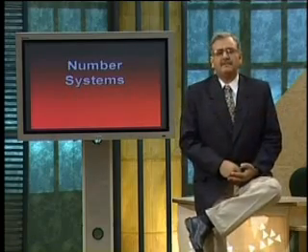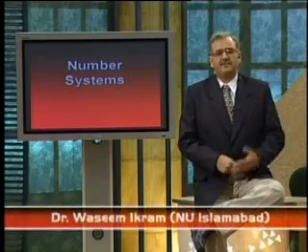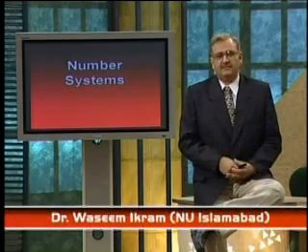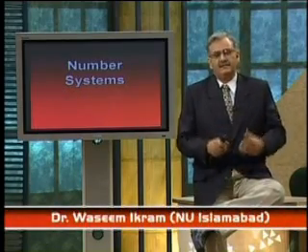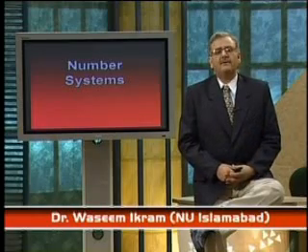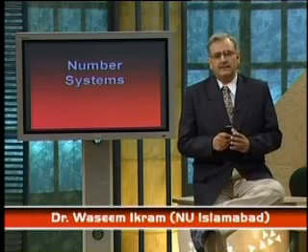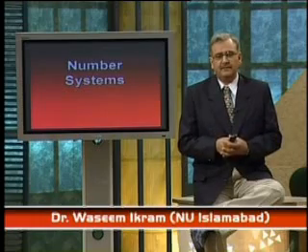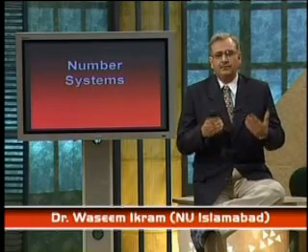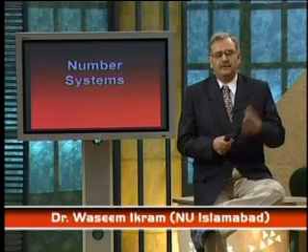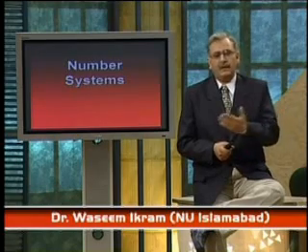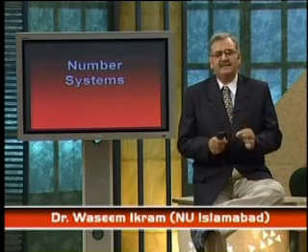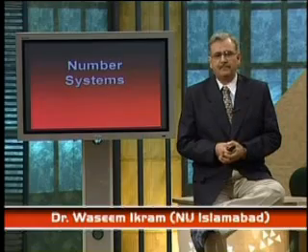We have been using the decimal number system since our early school days. We know that in a decimal number system, we have 10 unique numbers or symbols representing 10 unique values. So the numbers 0, 1, 2, up till 9 represent 10 different values.